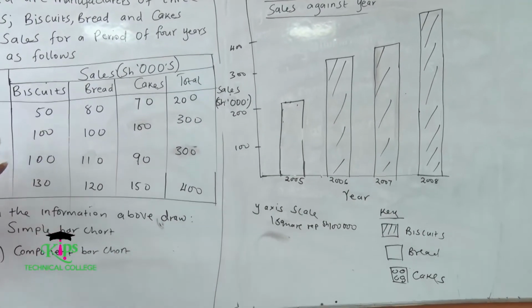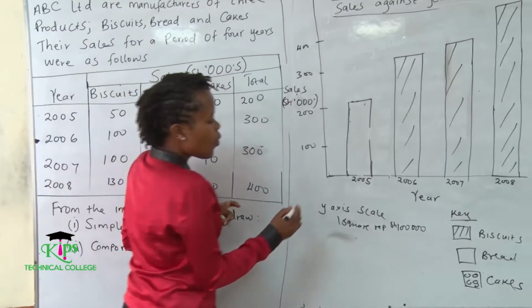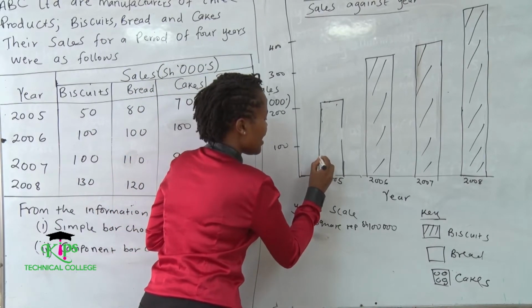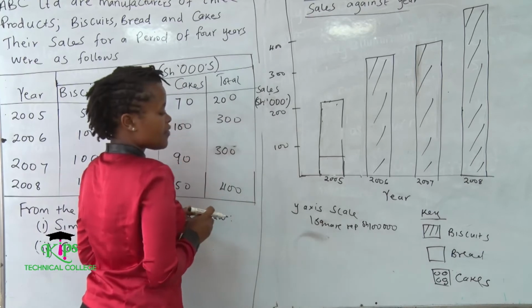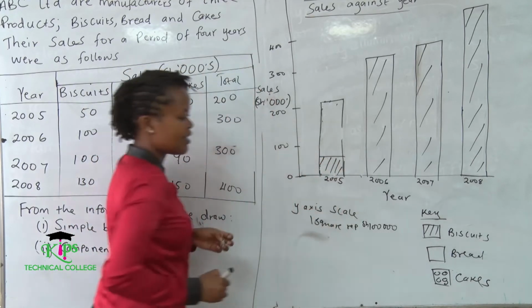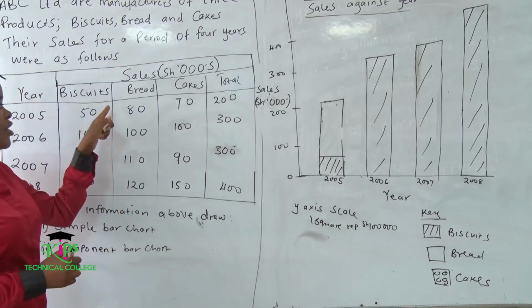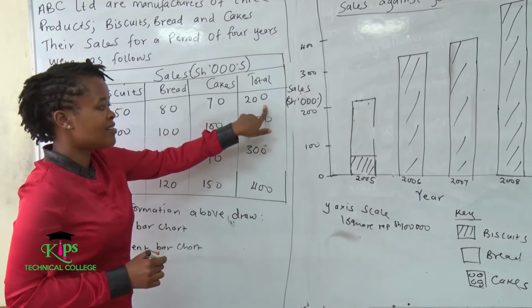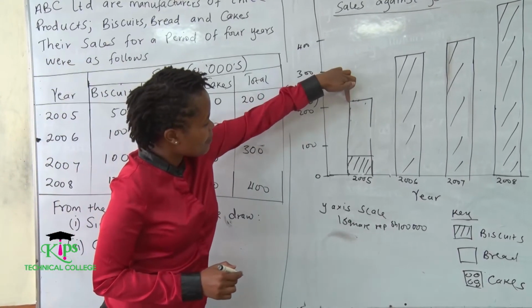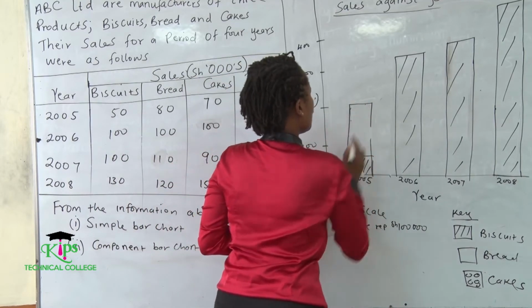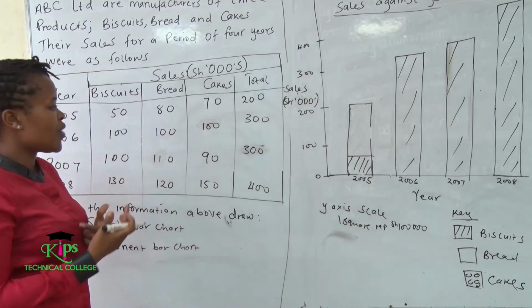So the first figure is 50. Where is 50 on my scale? It is in between 100 and 0. So this will be representing biscuit. Then bread is supposed to be 80. But remember, the total is 200, so at the end it's supposed to be 200. So how do I represent 80?